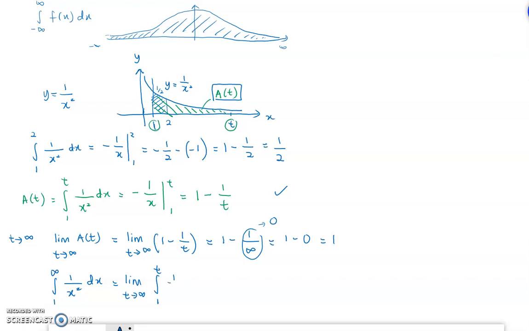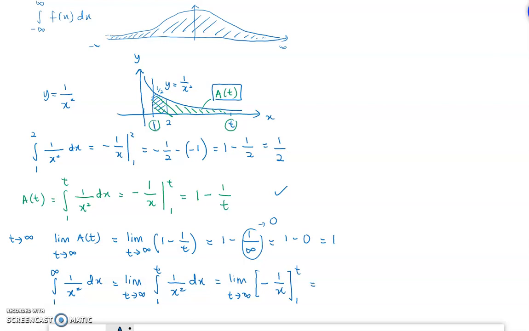We solve the integral of 1 over x squared, which gives negative 1 over x, with the limit from 1 to t.